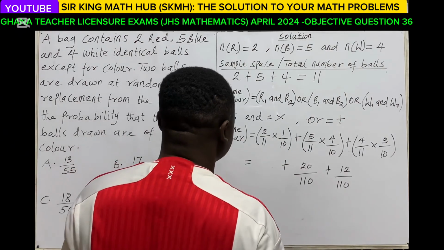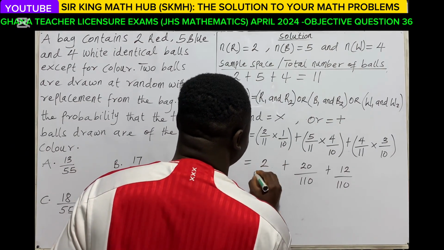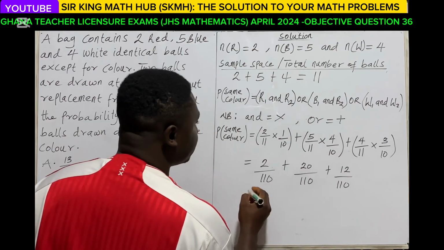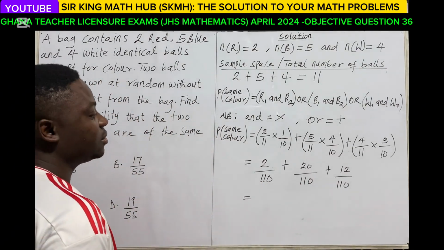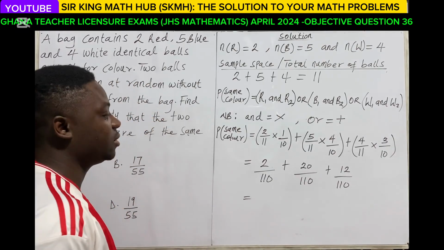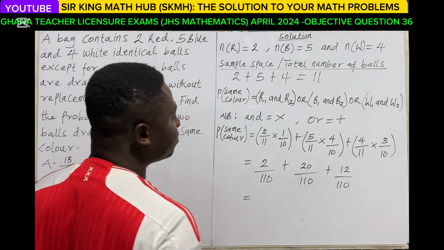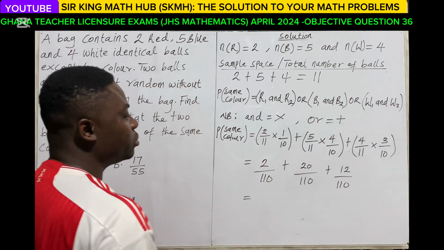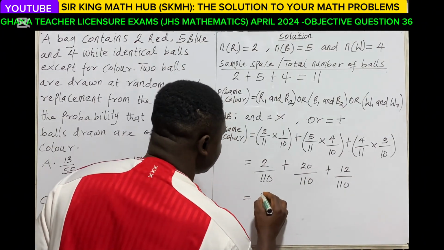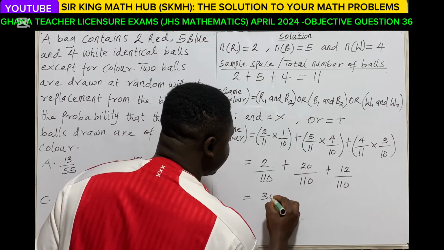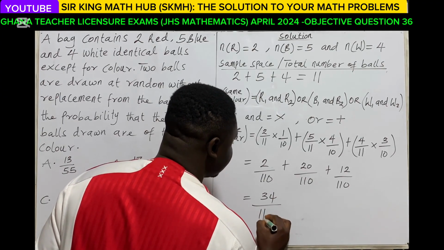These are like fractions, so we just add the numerators and divide by one of the denominators. 2 plus 20 is 22, plus 12. So that is 34 divided by 110.